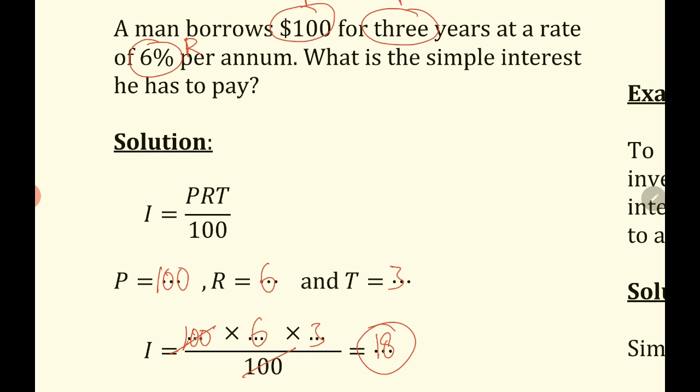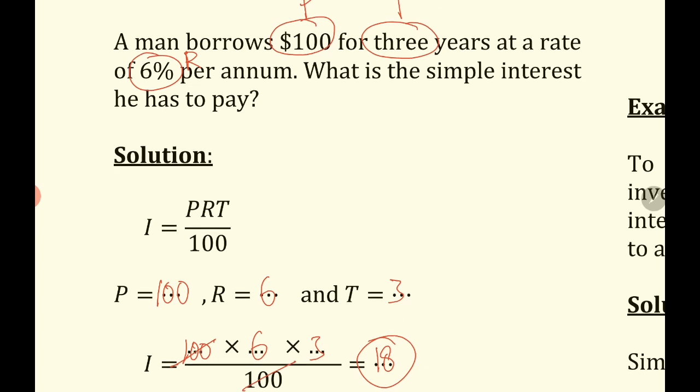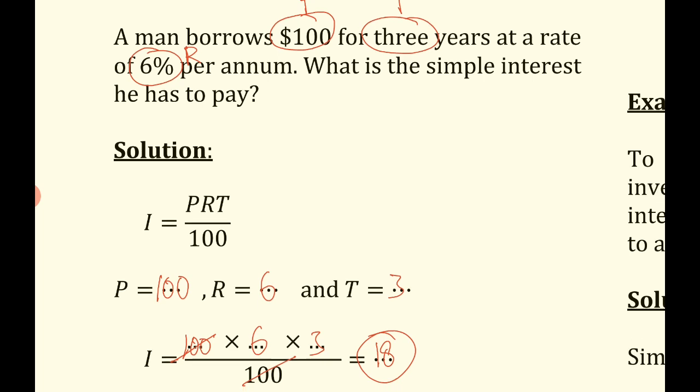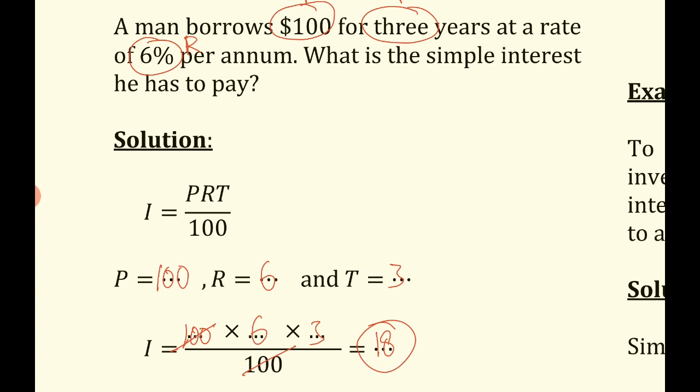After 3 years, the man has to pay $100 plus 18, plus the interest. After 3 years, the man has to pay $118. That's because the interest rate is 6% per year.